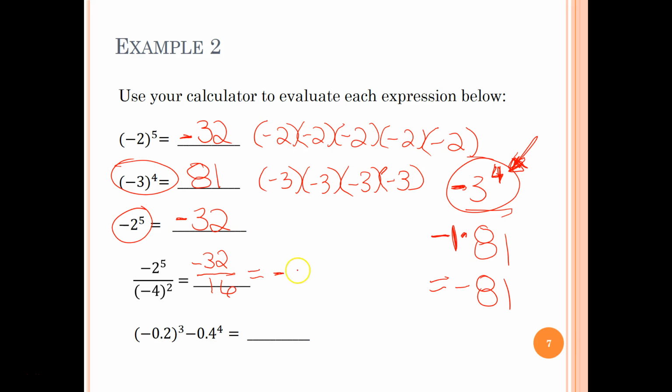Negative divided by positive leaves us with an answer of -2. If we work out the next example right in the calculator, what you should receive as a result is -0.0336. So you can try that one if you like.